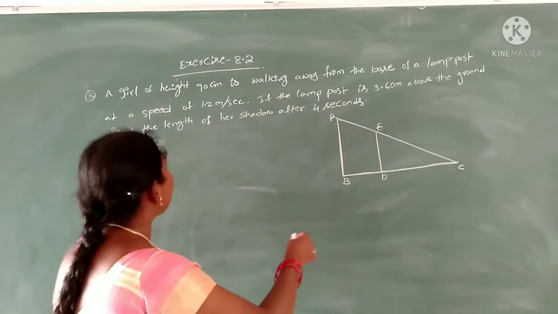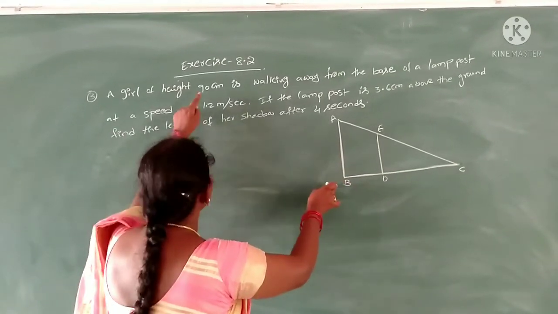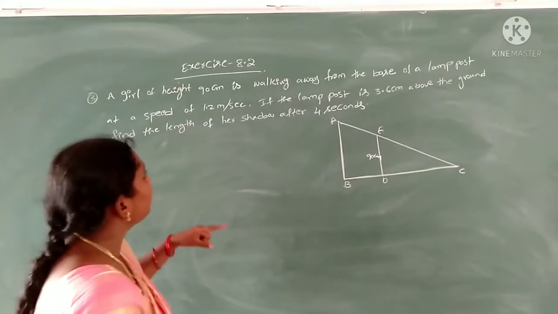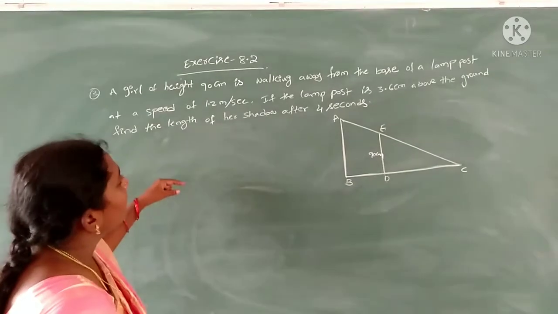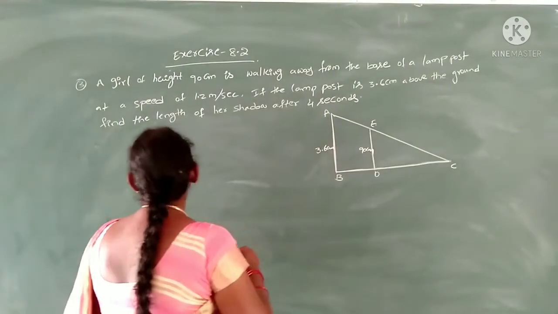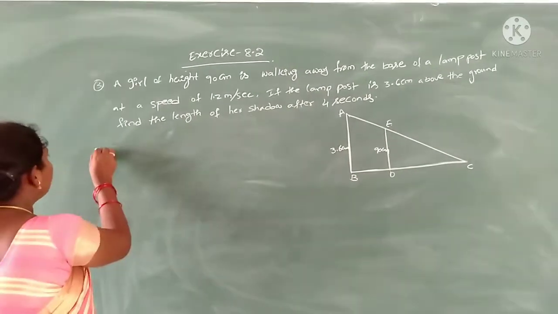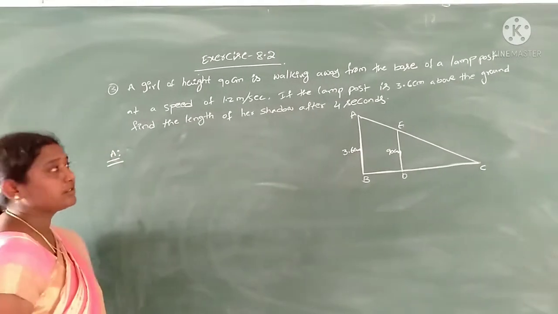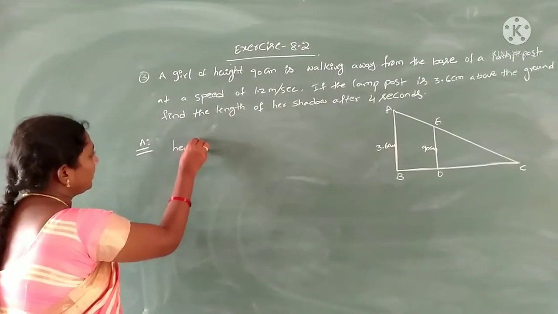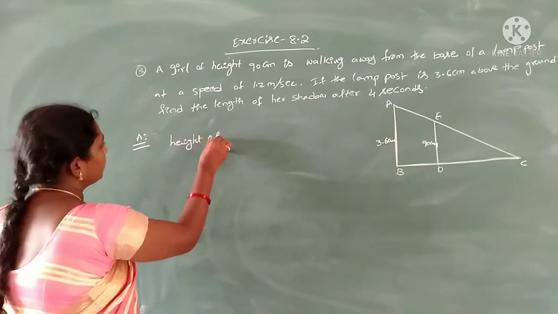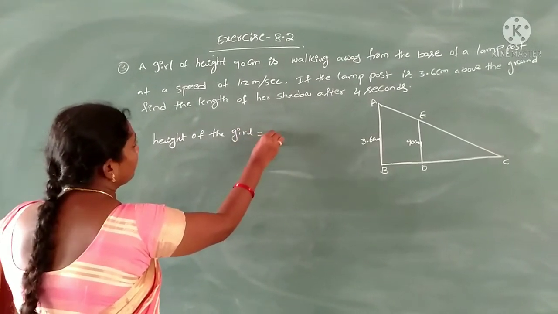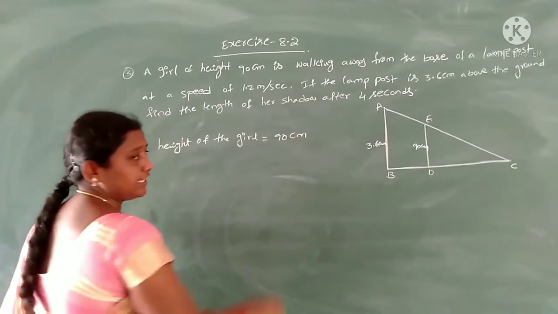First, write the values. Height of the girl is 90 centimeters and height of the lamppost is 3.6 meters. Now we write the given values. Height of the girl equals 90 centimeters.